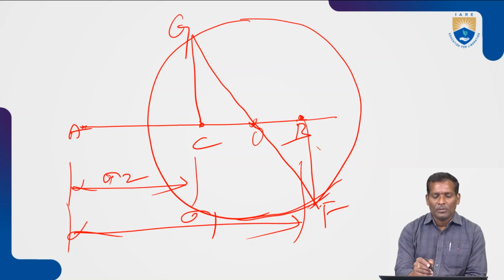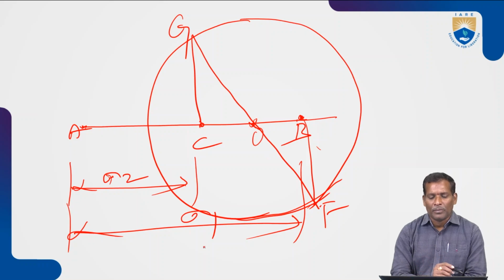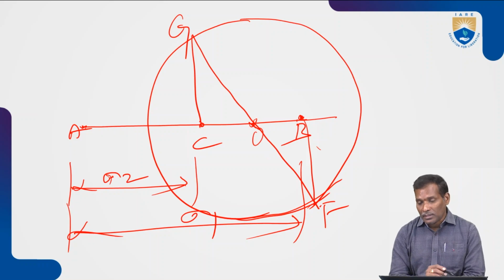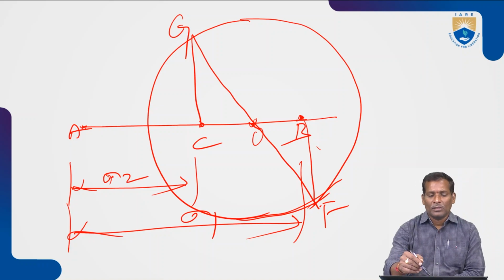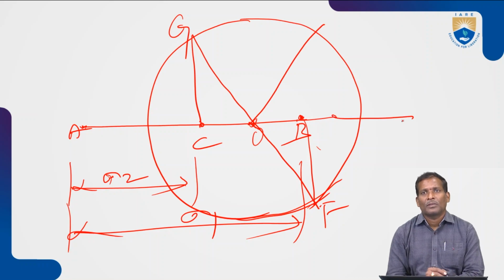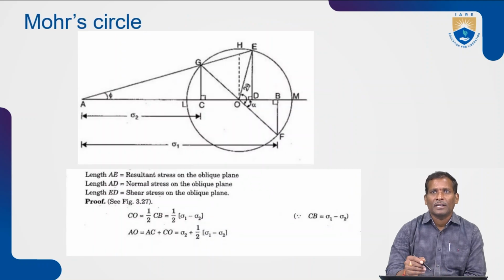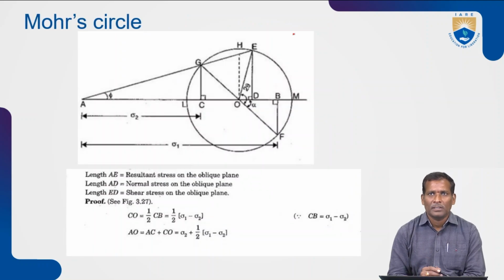So now you have sigma 1, sigma 2 and CG. Now for the angle theta, draw one inclined plane with respect to the x-axis. That angle at O to E is 2 theta.